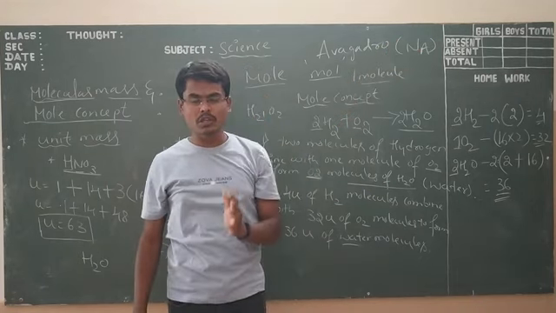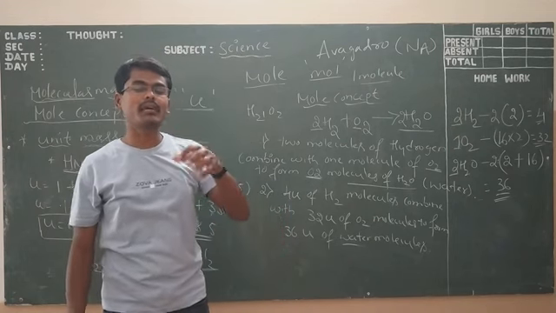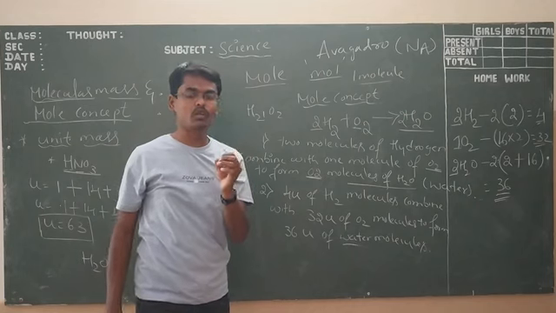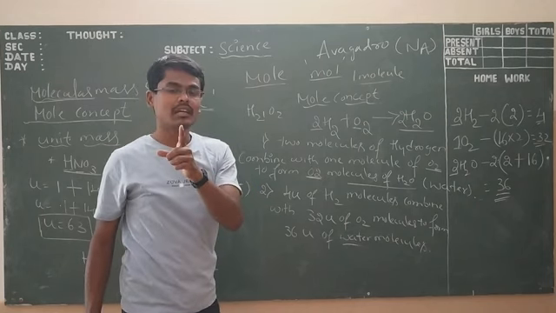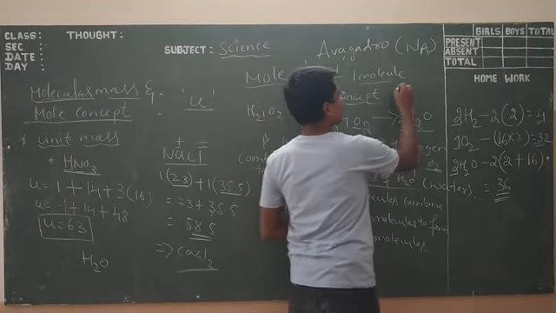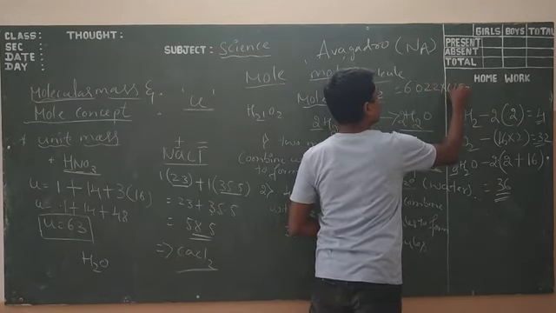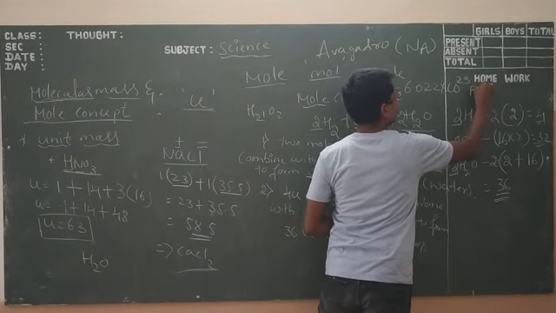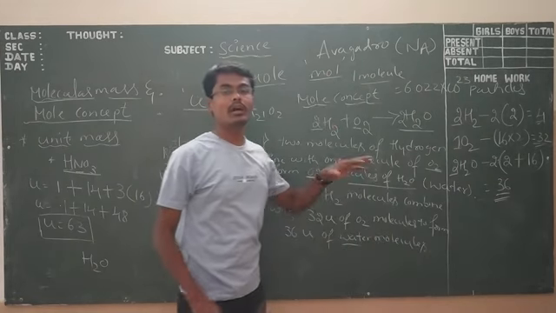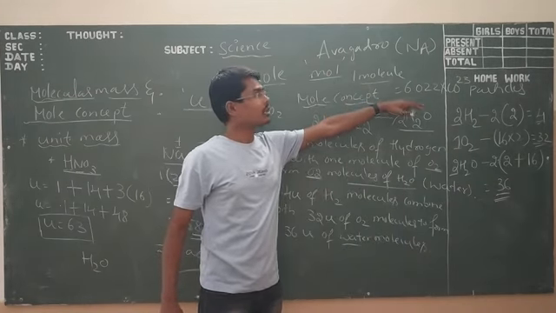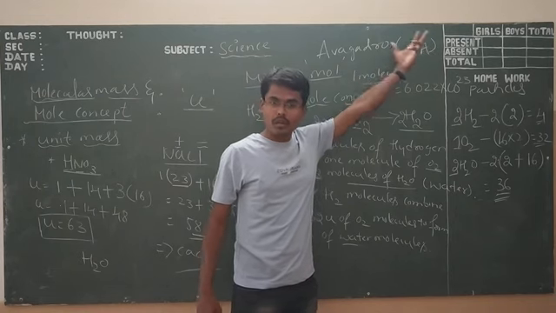You take any substance, any matter, whether solid, liquid or gaseous, the number of particles present in it, he got a value of 6.022 into 10 power 23 particles, atoms or molecules.